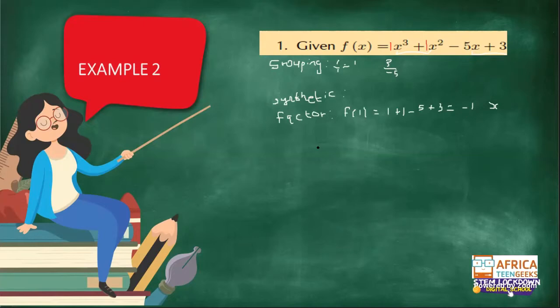Okay. Then you would try f of negative 1, okay, because this is 1, 1.